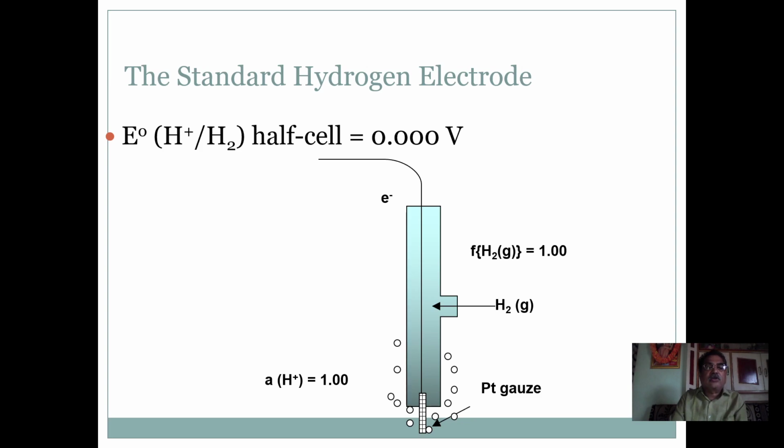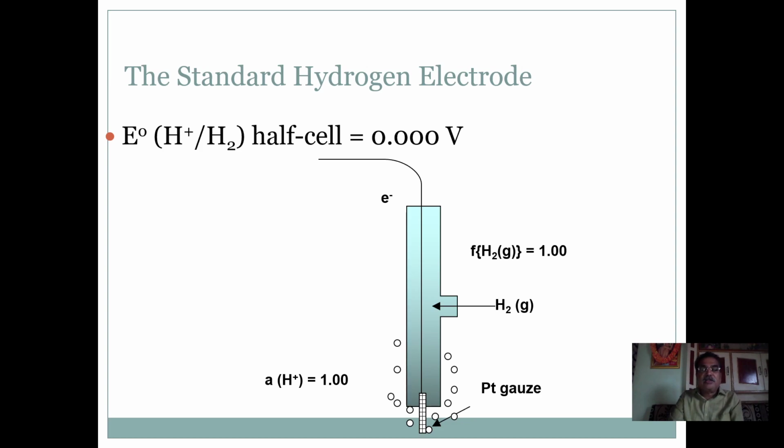The standard hydrogen electrode has electrode potential 0.00 volt. In this hydrogen electrode, a platinum metal foil is dipped into a solution of H⁺ ion concentration. The hydrogen electrode consists of a glass tube.